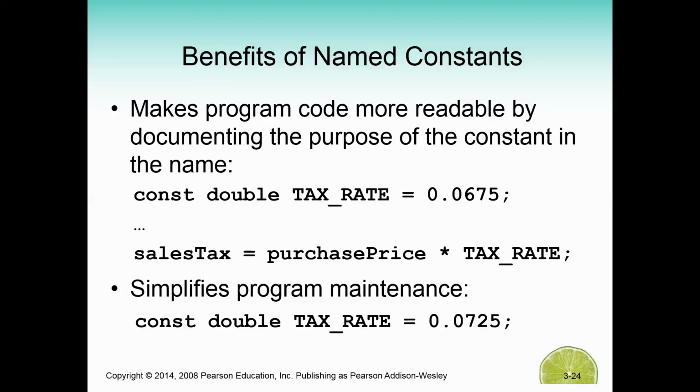Oh, it is the tax rate for this location, because it already has the name. And it simplifies program maintenance. If I need to make a change, instead of changing it 10 times, because that is how many times it occurs in my program, I only change it once. So it's going to simplify the program maintenance.